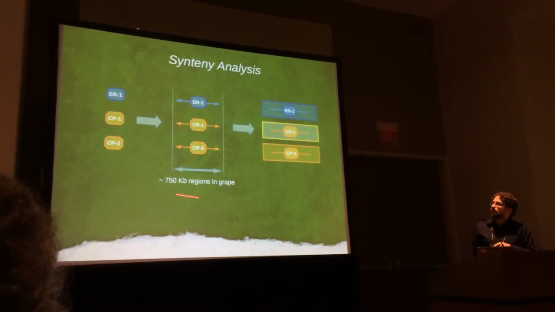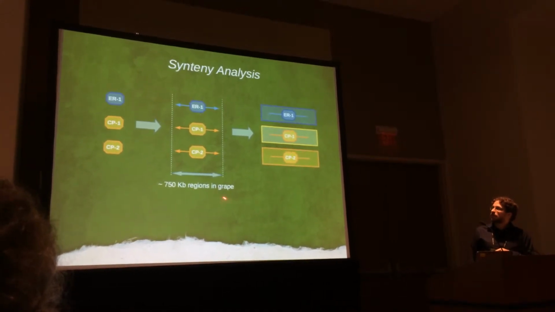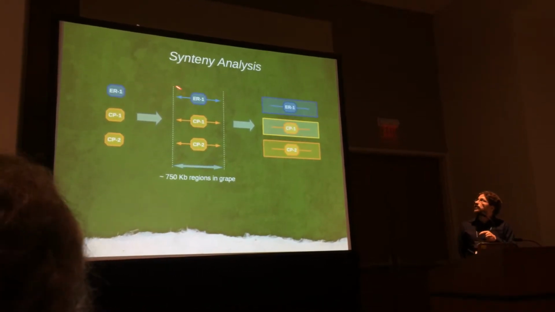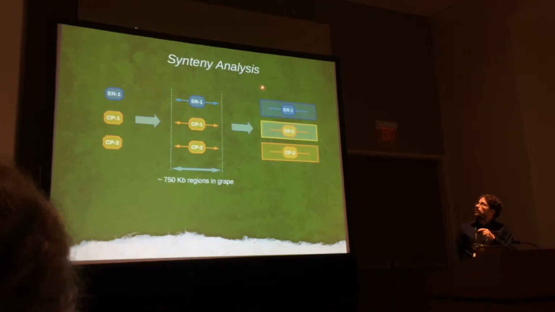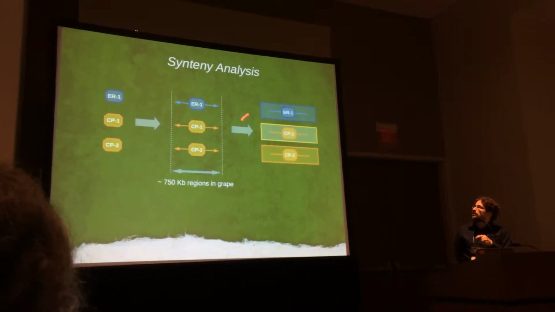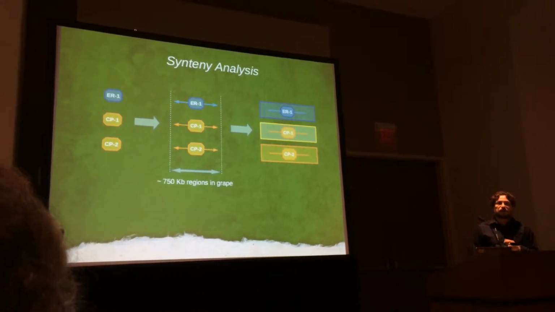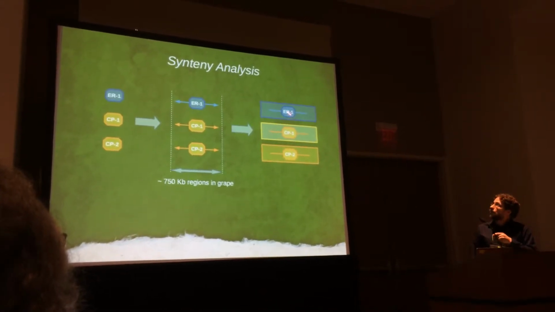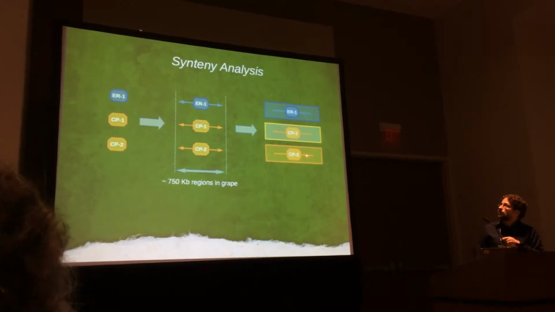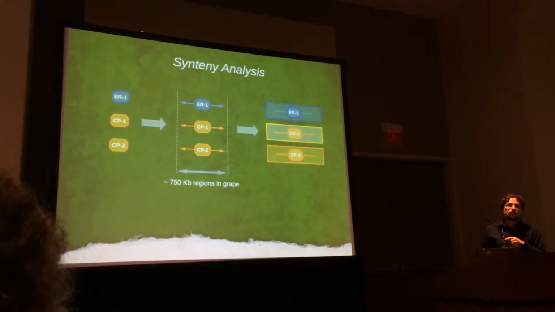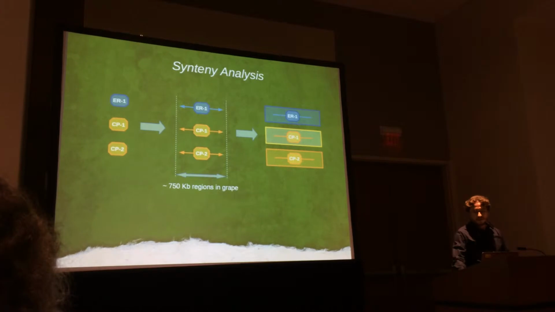We extended out for about a 750 kilobase region in grape, and we looked at the presence of these regions, marked with the colored rectangles, in the other taxa. And we know we have three ancestral genes, and we indeed identify three very different genomic regions corresponding to all of them.